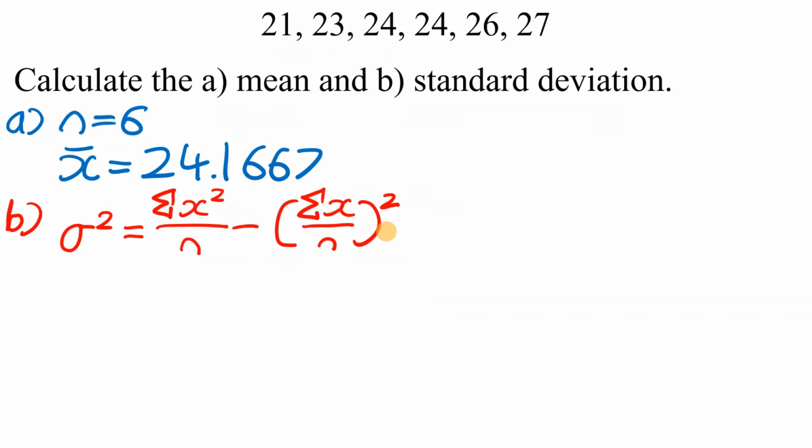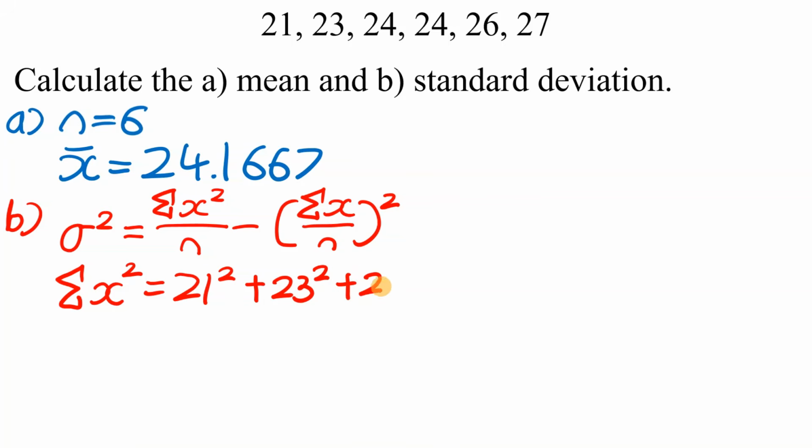Okay, and then for part B, we need to calculate the standard deviation. Okay, so remember this here is the formula for variance. Okay, so in order to use this, we need to find the sigma x squared. So this is all of the data values squared and then added together. So sigma x squared is equal to 21 squared plus 23 squared plus 24 squared plus 24 squared plus 26 squared plus 27 squared.